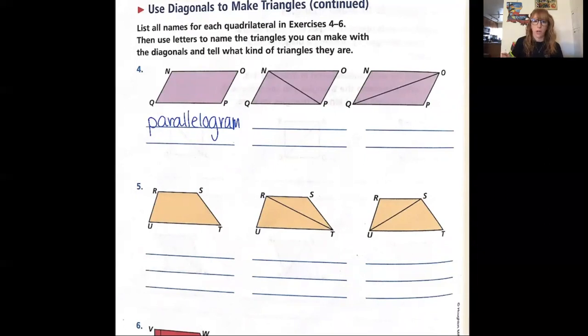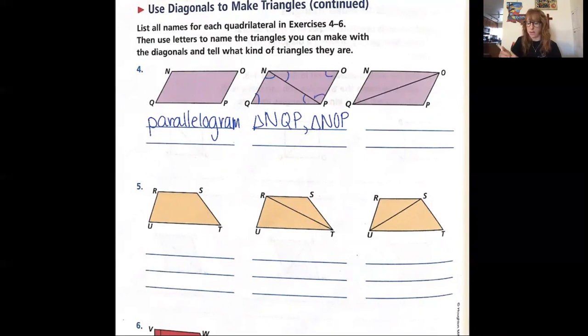So for the triangle names for number 4, we have triangle NQP and triangle NOP. And then looking at all of our angle measures, we can check them all at the same time.